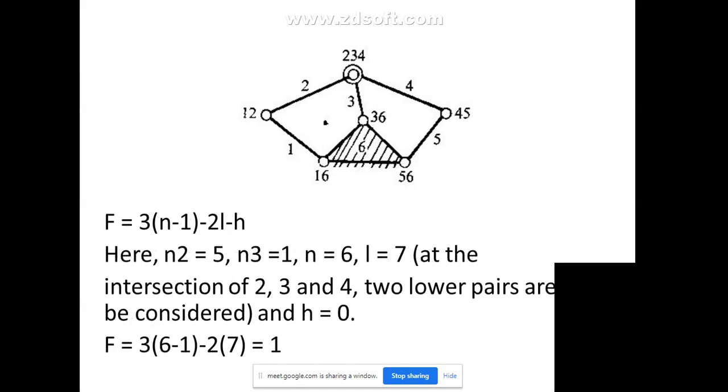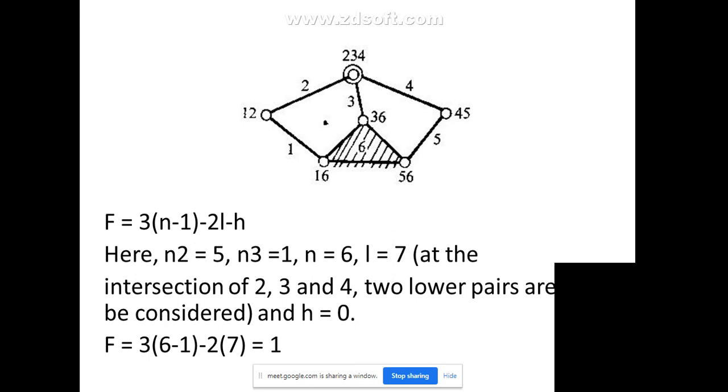Let us take this problem. You can take a note of it. Draw this figure. First let me explain. In this case there is one ternary link, and the other links are normal binary links. The numbering is done like this.